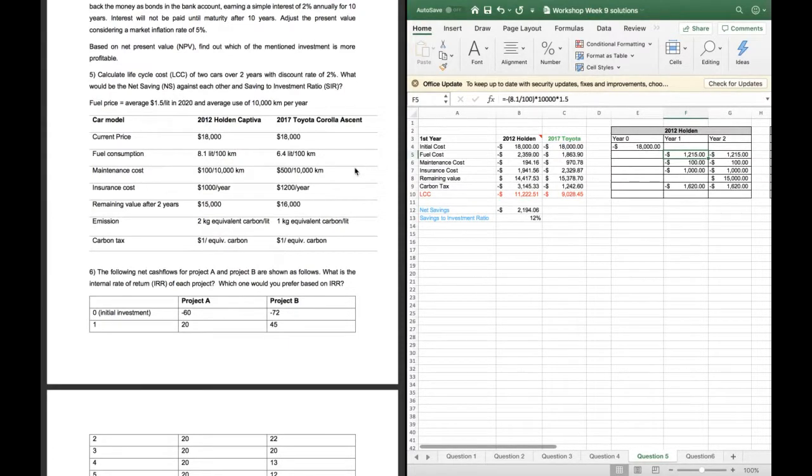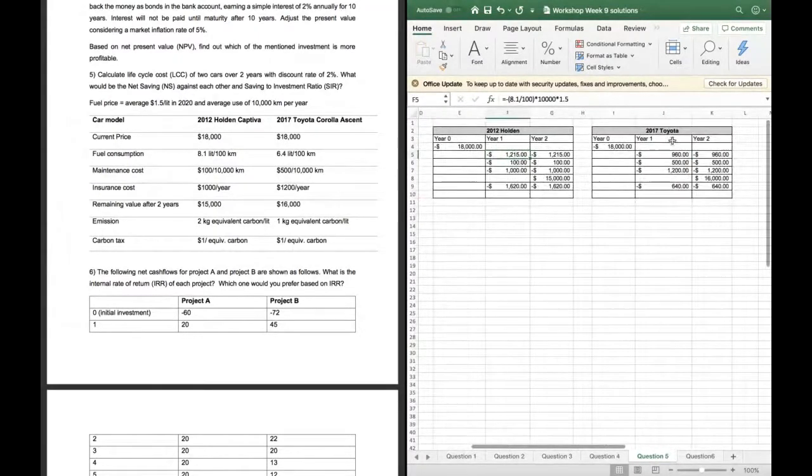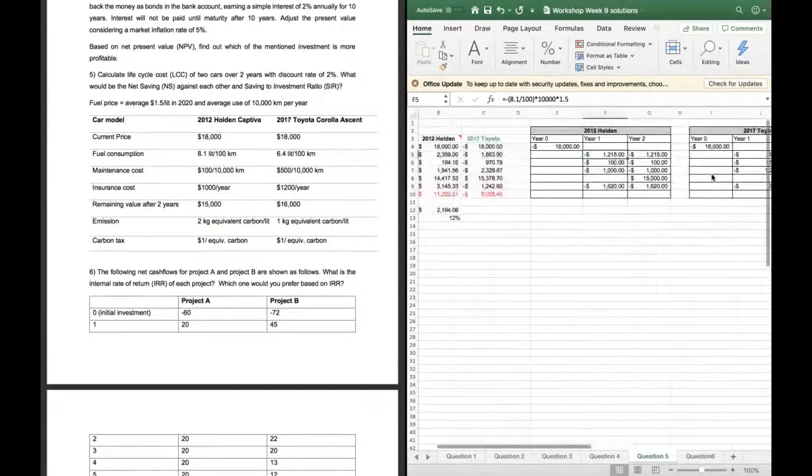All right, and then what do we have? Insurance. Insurance is $1,000 per year for Holden, and for Toyota it is $1,200 per year. So here for insurance cost, we are going to put in 1,000 for the first year, 1,000 for the second year, and for the Toyota it is 1,200 for the first year, 1,200 for the second year.